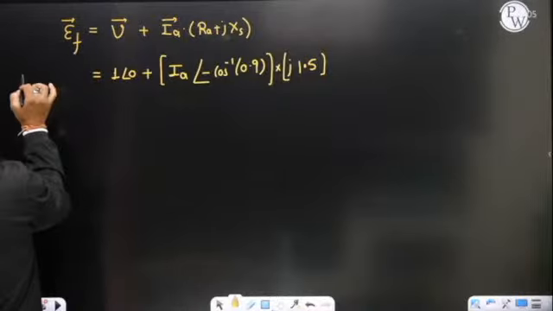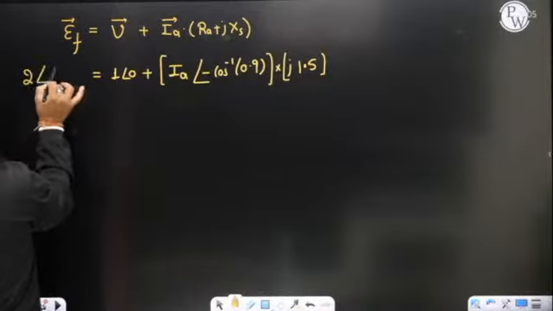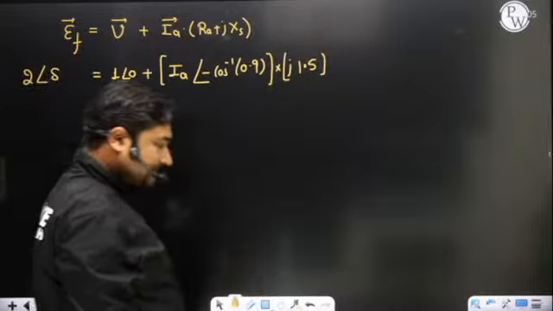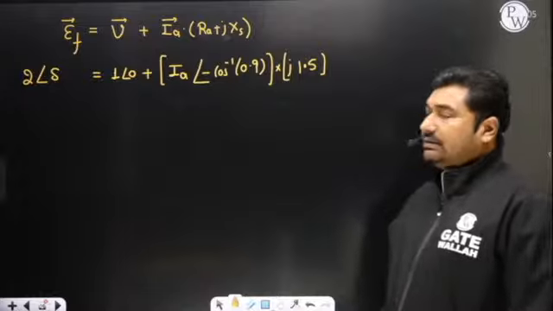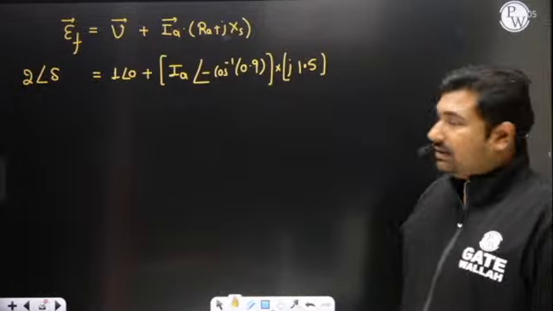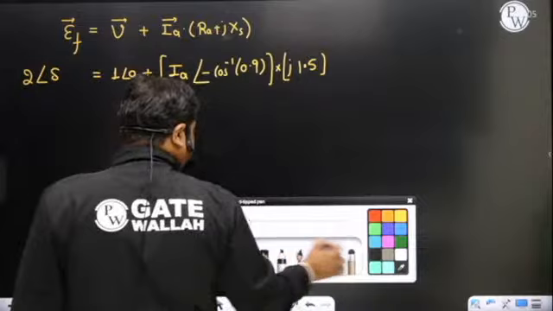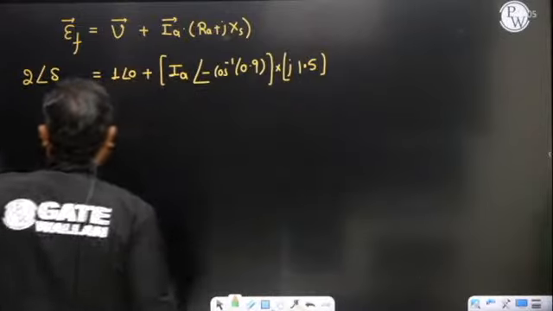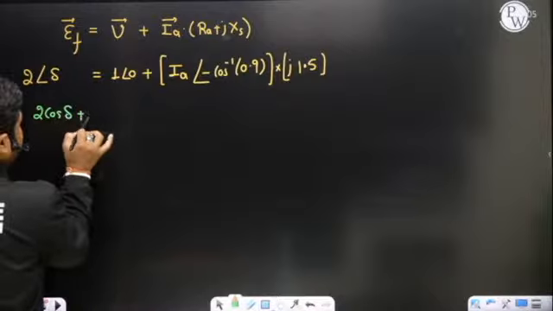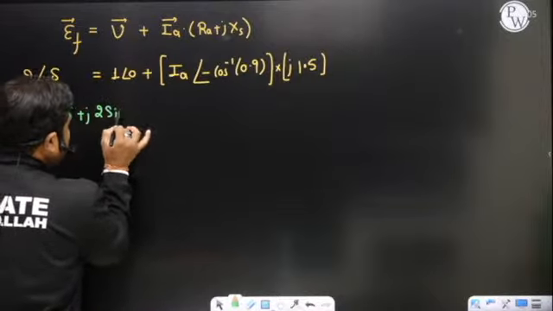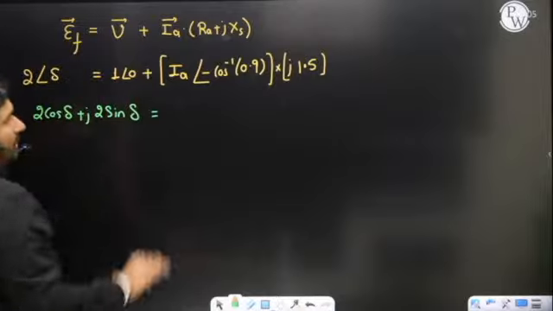What is EF? EF is also given to you as 2 at an angle delta, 2 per unit. So you can write it as 2 cos delta plus j 2 sin delta.